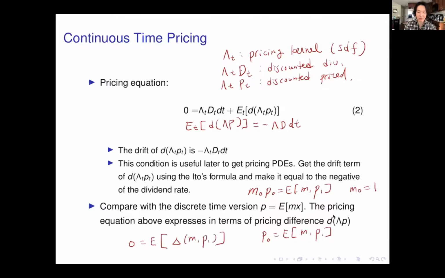Okay? So you can see the analogy from this equation and that equation. Because we assume in the discrete time case there are no dividends, the drift of M times P, when discounted using the stochastic discount factor, is equal to 0.